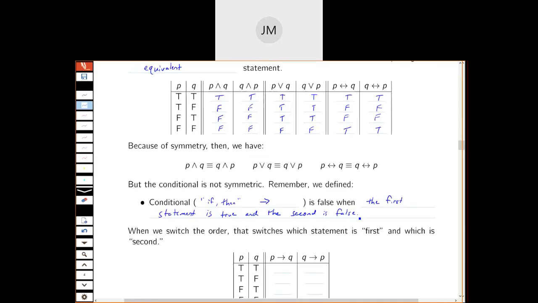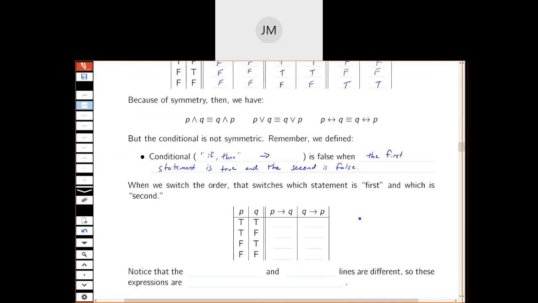So here the order matters. If we switch the order, we're going to switch which one is first and which one is second. So if I say if P then Q, here the first statement is true and the second is false, so I get a false and it's true otherwise.